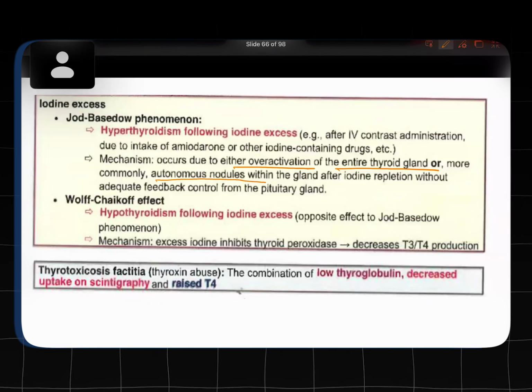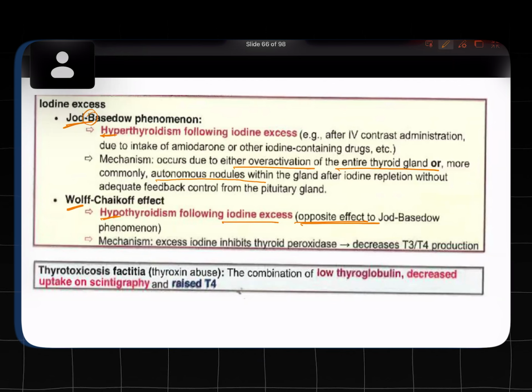Basically, a hyperthyroidism. Wolff-Chaikoff effect is hypothyroidism following iodine excess. So opposite effects. Jod-Basedow is hyper. I always remember W occurs later in the alphabet, right? So that is hypo. Jod-Basedow, B comes first, is the hyper.